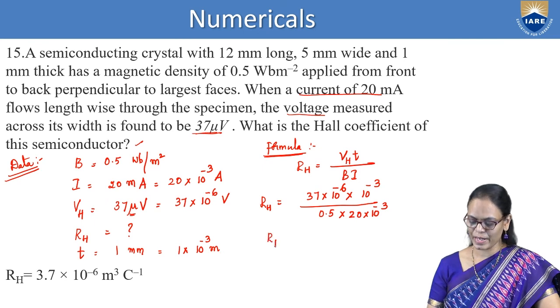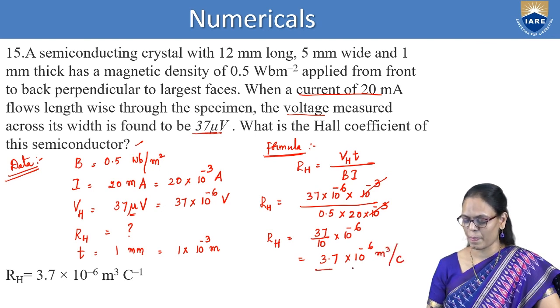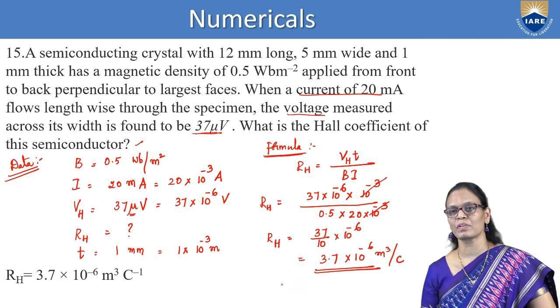So we can simply write RH is equal to, you have 10 power minus 3, 10 power minus 3 will get cancelled. 20 into 0.5, you will have 10. So 37 divided by 10 into 10 power minus 6. This is 3.7 into 10 power minus 6 meter cube per coulomb. So this is the value of RH.